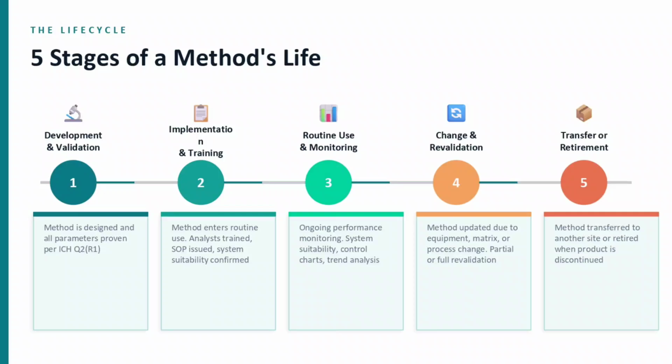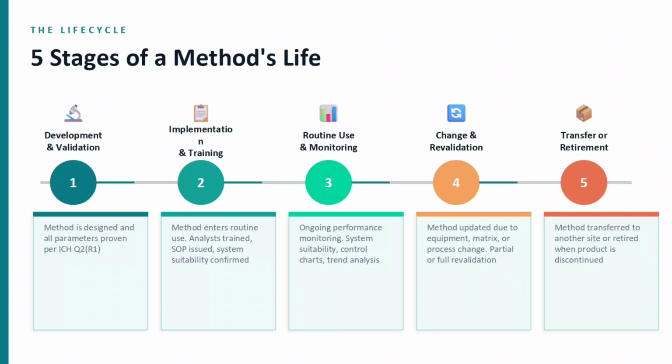Stage 3 is routine use and monitoring. This is the longest stage. The method runs every day, or every week. And during this time you must continuously monitor its performance to make sure it is still doing what it was validated to do. Stage 4 is change and revalidation. Something changes. A new instrument. A different column brand.